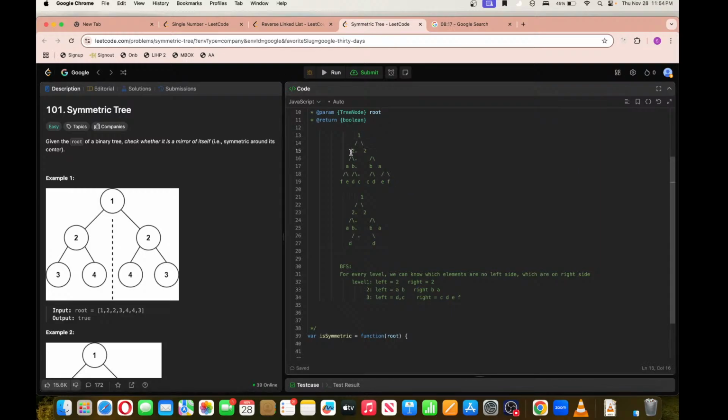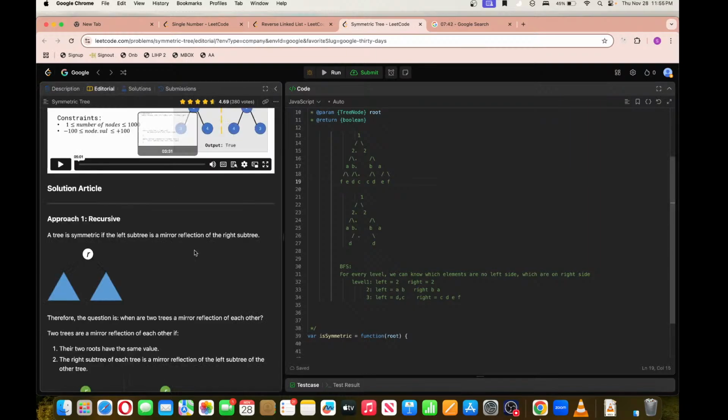1, then 2, and then we will go to A and B, and this will go to B and A. So while we are going to left and right, whenever its left is not equal to right, then it means that it is not a symmetric tree. Because this one's left should be this one's right, and again A's left should be B's right.